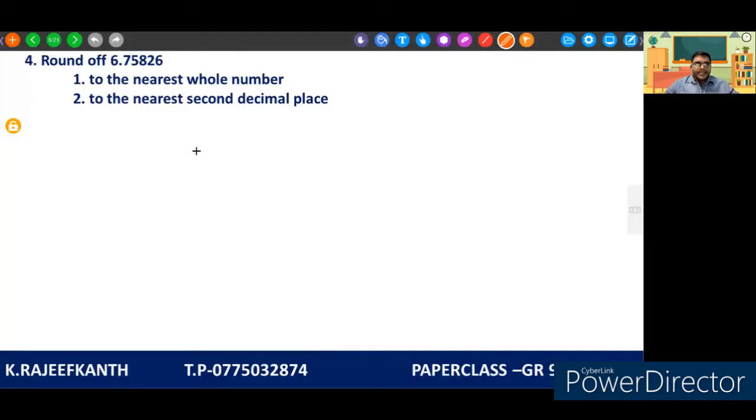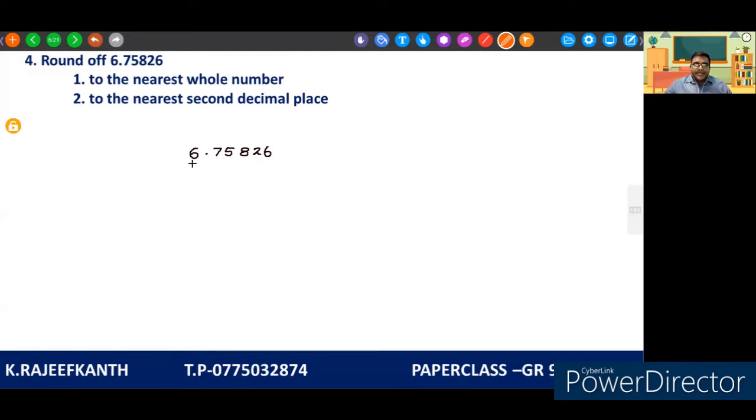Right. Here the number is 6.75826, right? Here the place value of 6 is ones. Here this is the first decimal place, second decimal place, third decimal place, and so on. Here we have to round to the nearest whole number. That means here after that decimal point there will be no digits, so we can't write the decimal point.